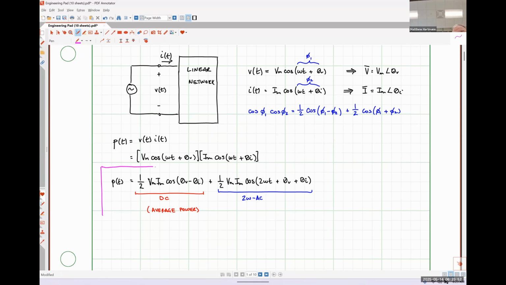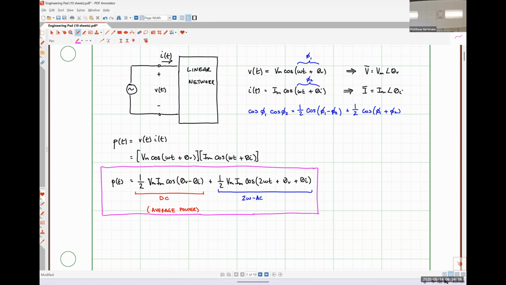And for what it's worth, you do not need to memorize this. This will be given to you on the equation sheet for exam 3. And if you were not aware, you get an equation sheet for exam 3. This is the generic representation for instantaneous power, okay?